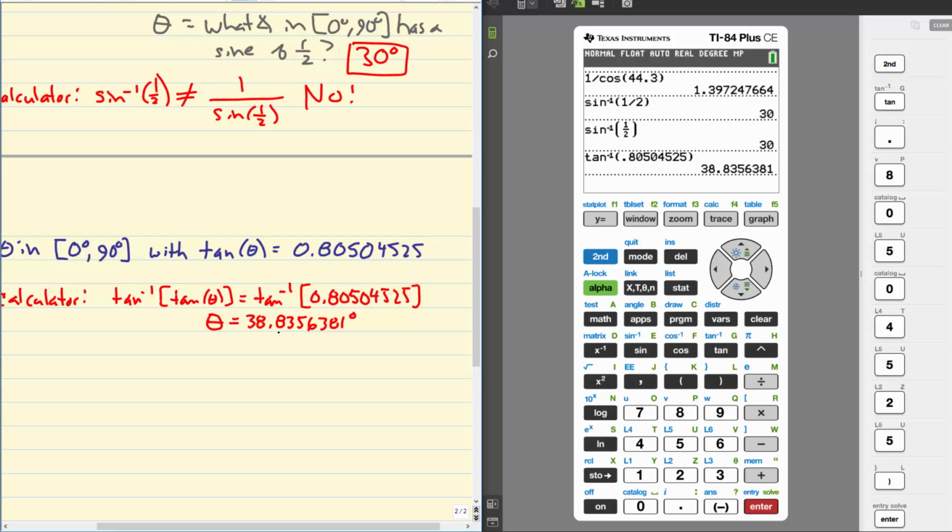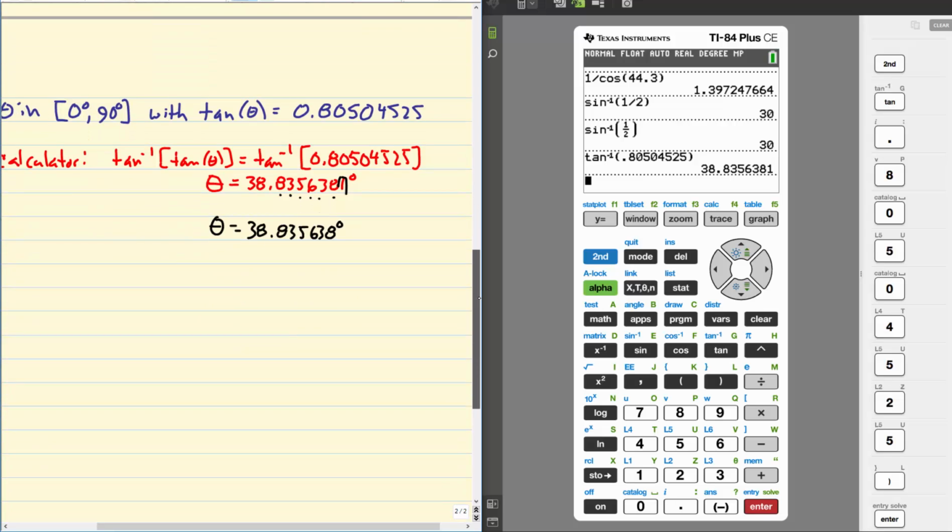Let's go to 6 places. So there's 6 places, so I look at the 7th place. It's not 5 or above, so I keep it as is. So theta would be 38.835638 degrees. Okay, so that's a way I could work with this.